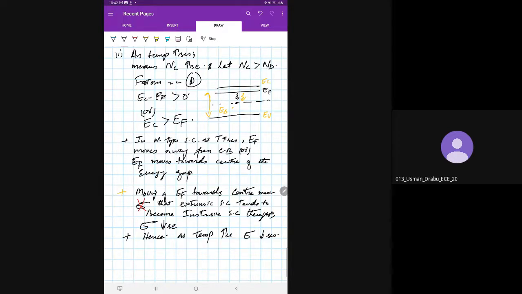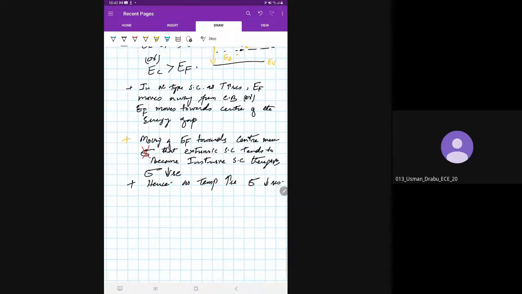We had already discussed Curie temperature and all those things in our class. Now the second thing would be what will happen as the doping is increased in n-type semiconductor. So as doping increases, what will happen to Nd? Nd is number of dopant atoms, or donor atoms. It will also increase. So if Nd increases, let us assume that Nd is much higher than Nc.